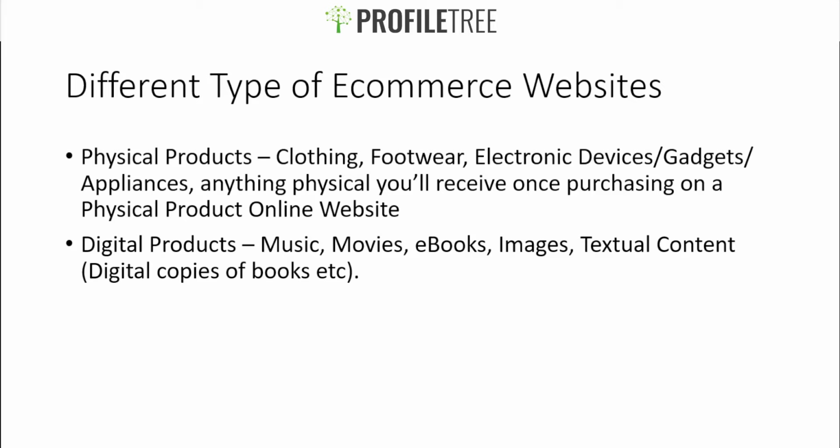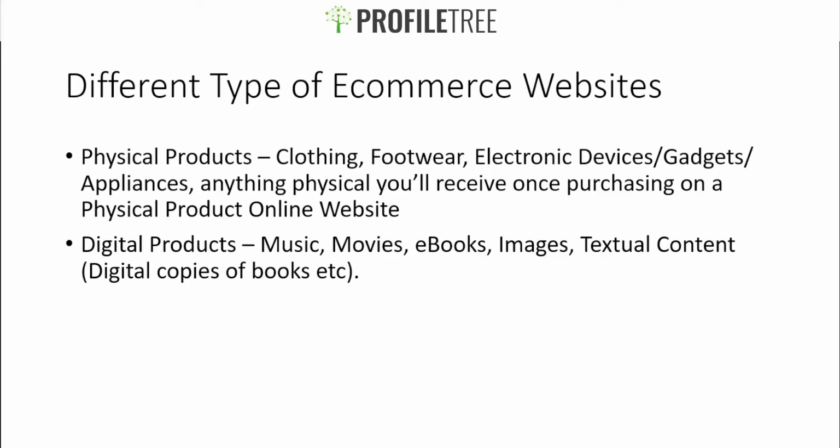So I've stated that there are different types of e-commerce sites. These would be to do with physical products, as you can see there, within clothing, footwear, electronic devices, gadgets, appliances, anything like that. If you're in the UK, you've got Currys, or Currys PC World if that's still about, and if you're in the States, it'll be Best Buy, something to do with the online store.